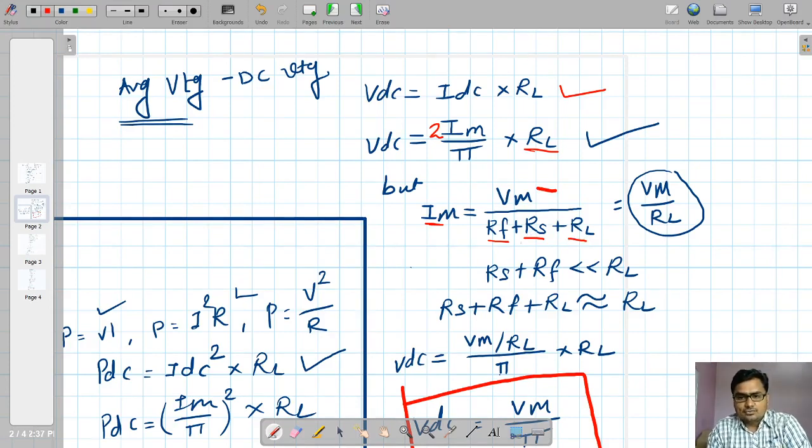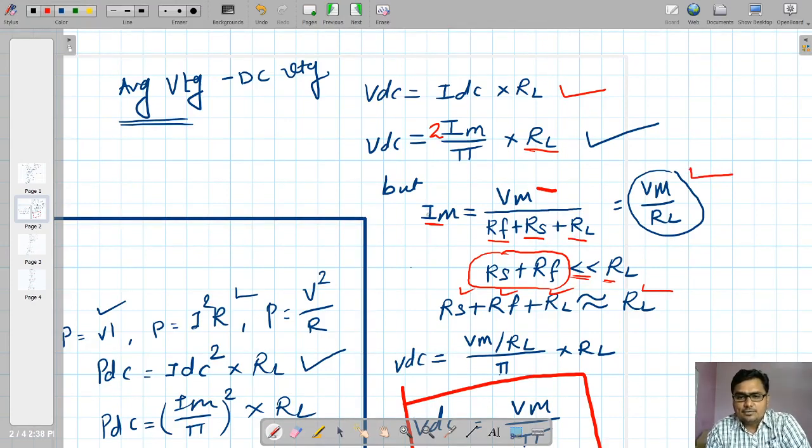As Rs and Rf values are very small compared with load resistor RL, I am approximating Rs plus Rf plus RL as RL. So the above equation becomes Vm divided by RL only.